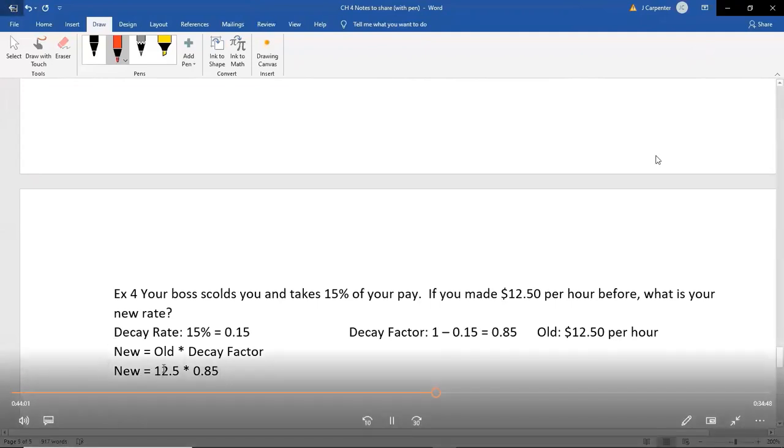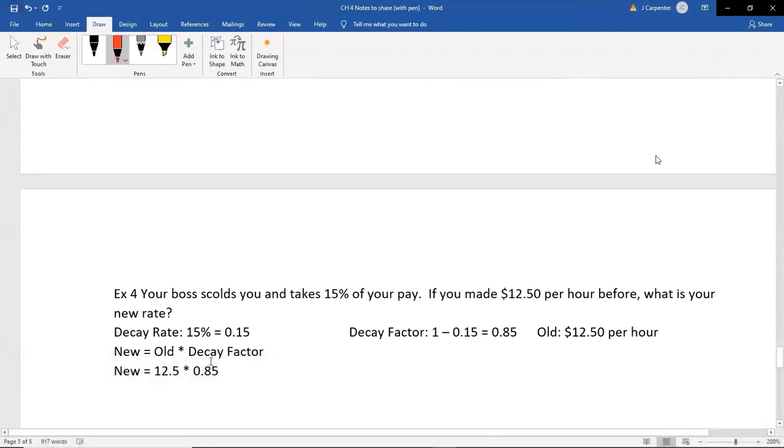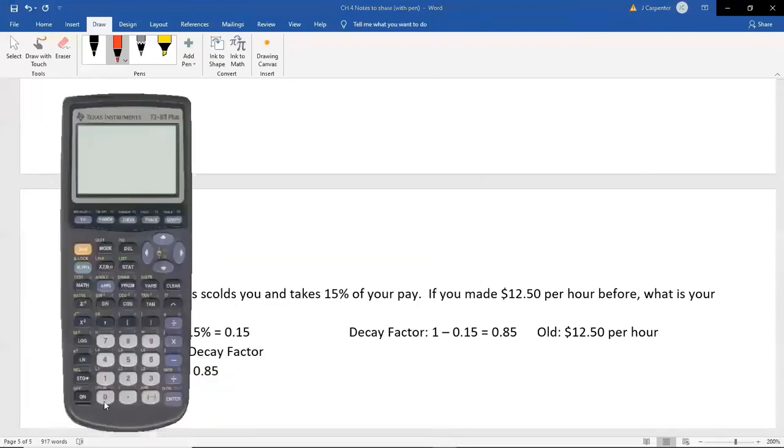The old was the $12.50 per hour. And you can include all of your words and units in this if you like, but it's not necessary because the old and the new units have to match. And that's because the decay factor is just a percent as a decimal. So 12.5 times 0.85. We get 10.625.